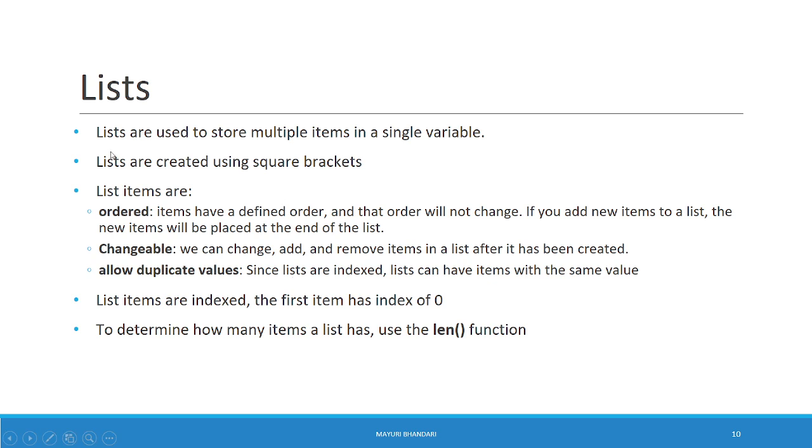Lists are used to store multiple items in a single variable. Just like you store multiple items in an array, we can store multiple items in a list. But list is very different from array. What is array? Can anyone tell what is array?